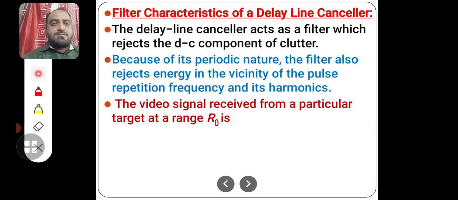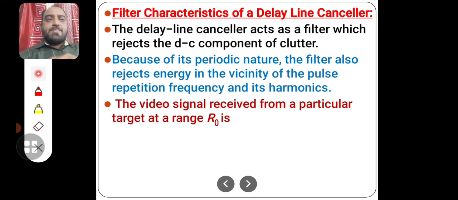The main purpose of the delay line canceller is to cancel the DC component of the clutter, meaning wherever the target is stationary. Stationary targets such as clouds, buildings, mountains and trees are the clutter, which is considered the DC component of the scanned signal, and it will be cancelled out so that only moving targets are displayed.